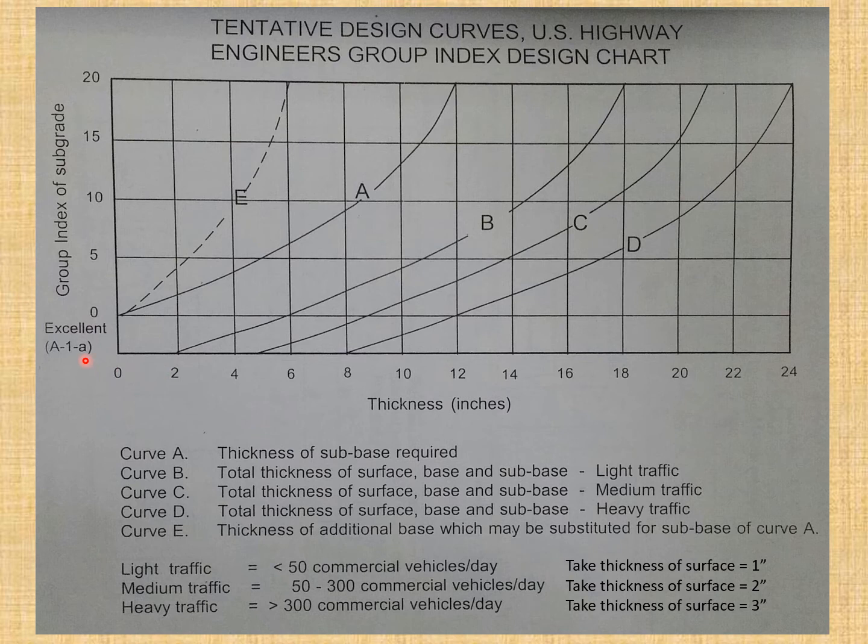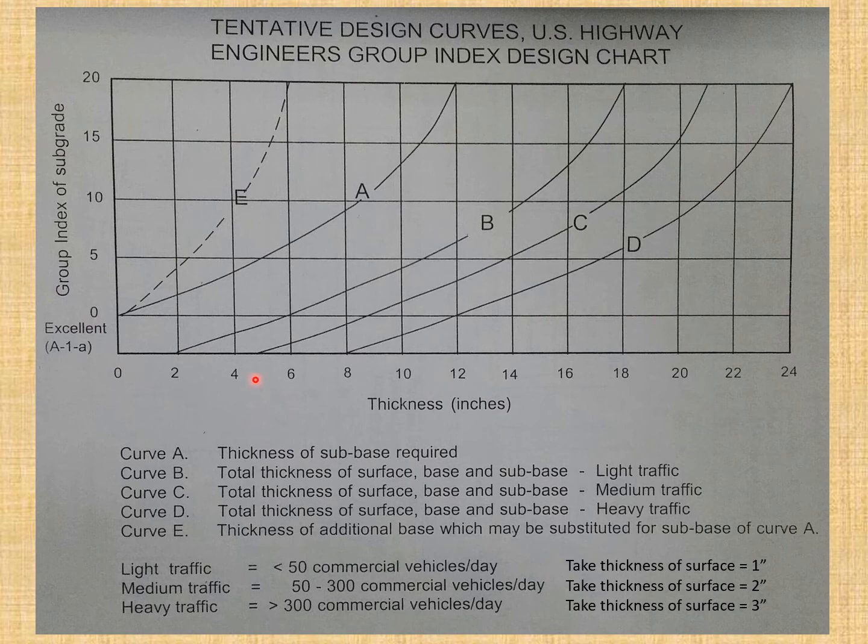Look at the horizontal axis, this one, and here the group index value is 0. This axis will be used when your subgrade belongs to the A1A group. A1A is the best material for highway construction. If you have some other material other than A1A and the group index is 0, then this axis will be considered.